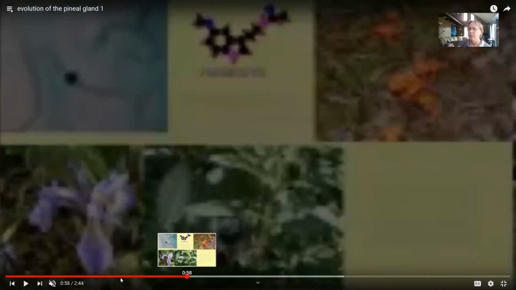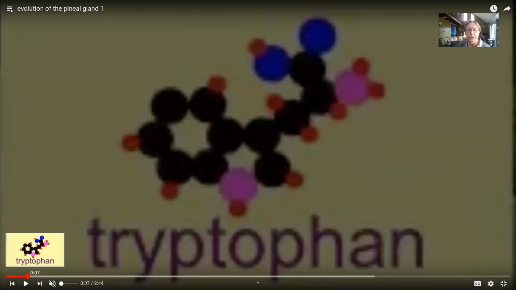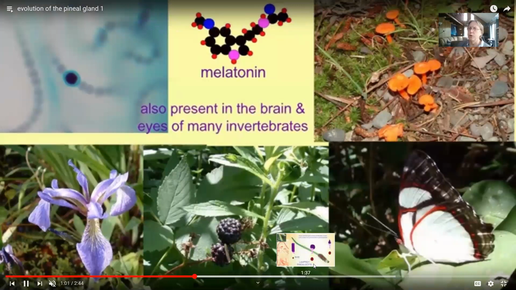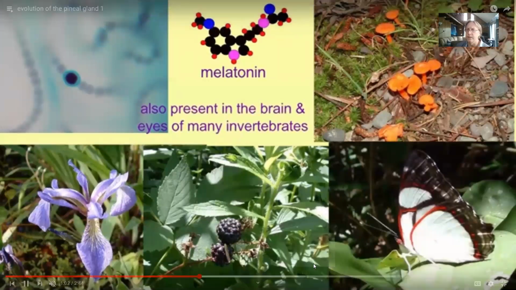And so the pineal gland was sometimes referred to as a third eye. Now, it never would have participated in vision. This was a circadian function, just detecting light to determine a day-night cycle.